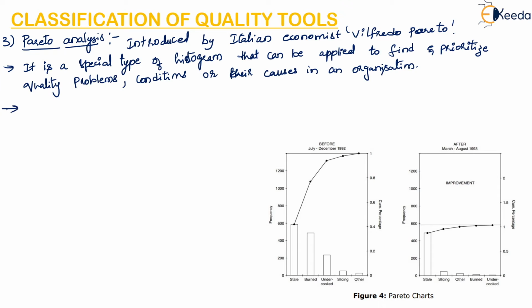On the other hand, this is a type of bar chart that will show the relative importance of variables prioritized in descending order from left to right of the chart.